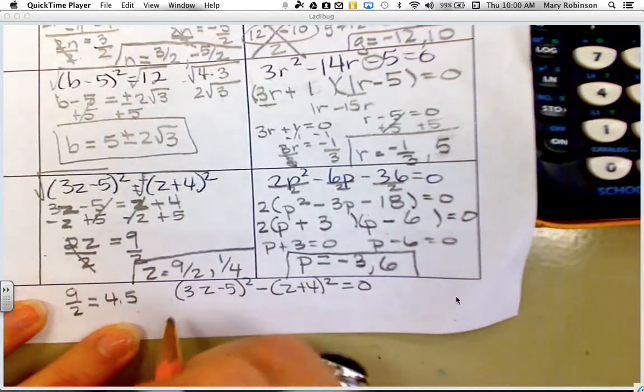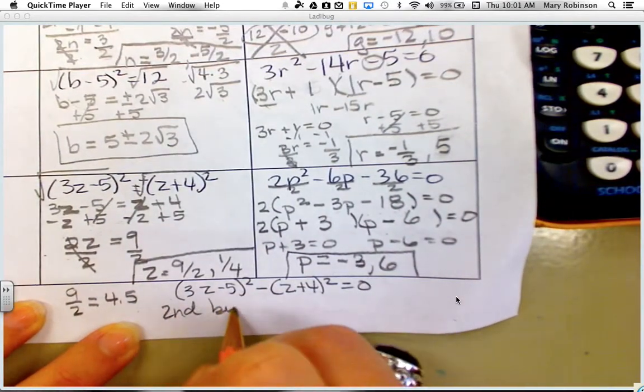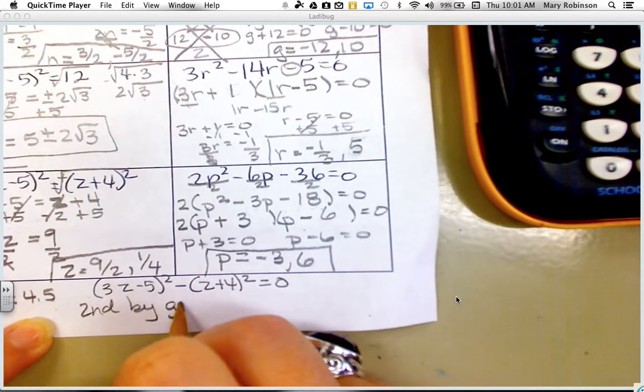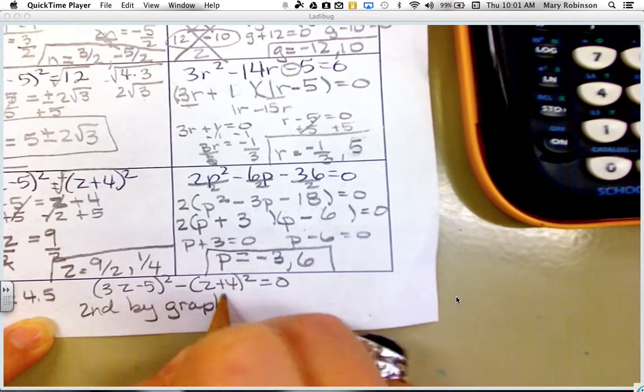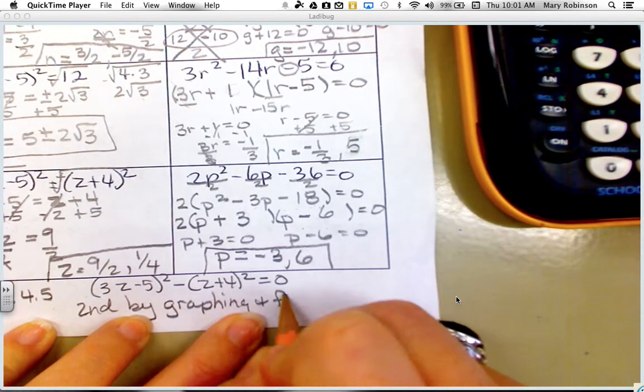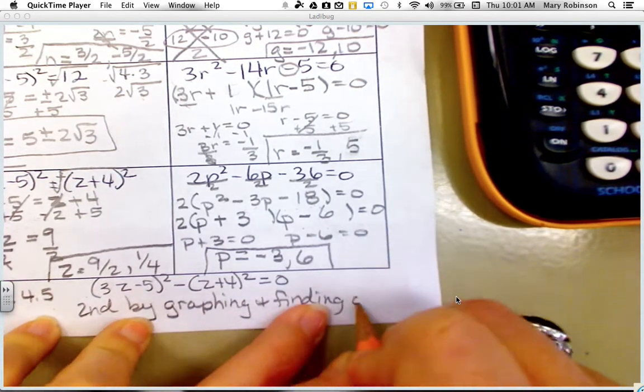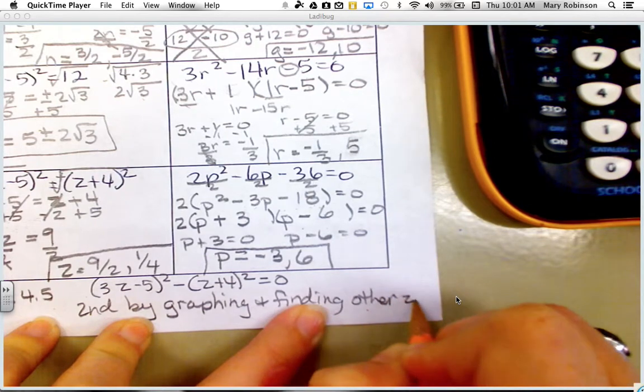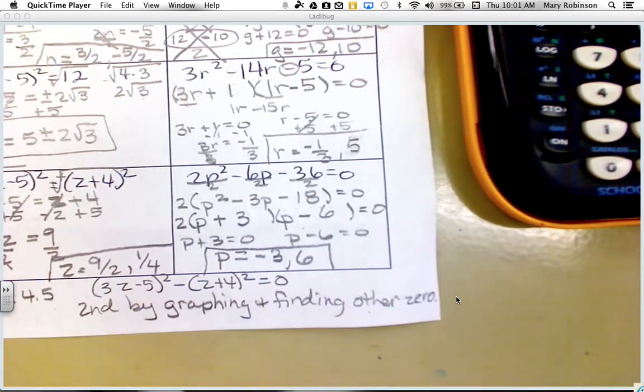So we have to get the second solution by graphing. So I'm going to put up here, second by graphing and finding the 0. And y'all should remember that process because we just tested on it. All right, any questions?